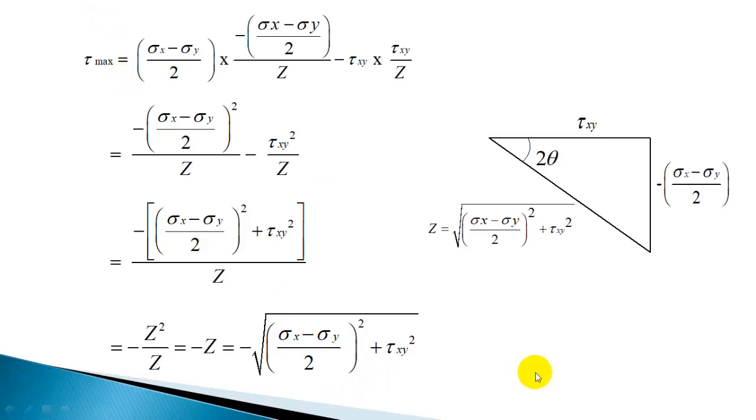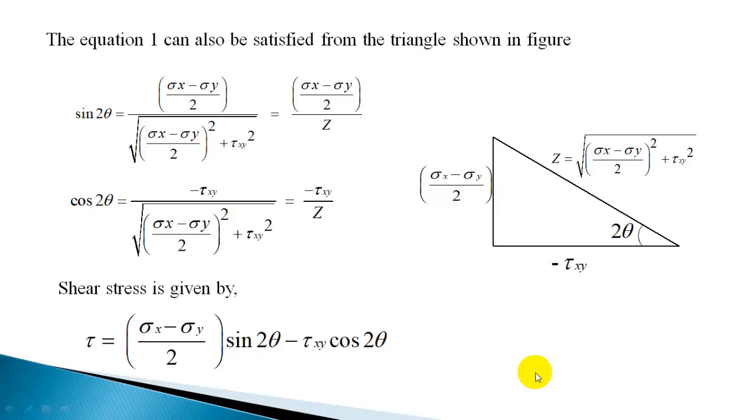To find out the other value, you can construct the triangle and get the expression for sin 2 theta and cos 2 theta. So when (sigma x minus sigma y) by 2 is positive and tau xy is negative, once again you will satisfy that tan 2 theta expression. You get the same value of tan 2 theta satisfying the maximum shear stress plane.